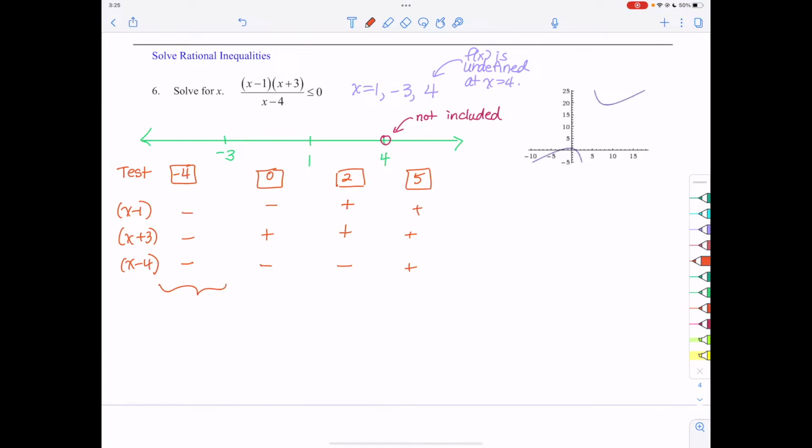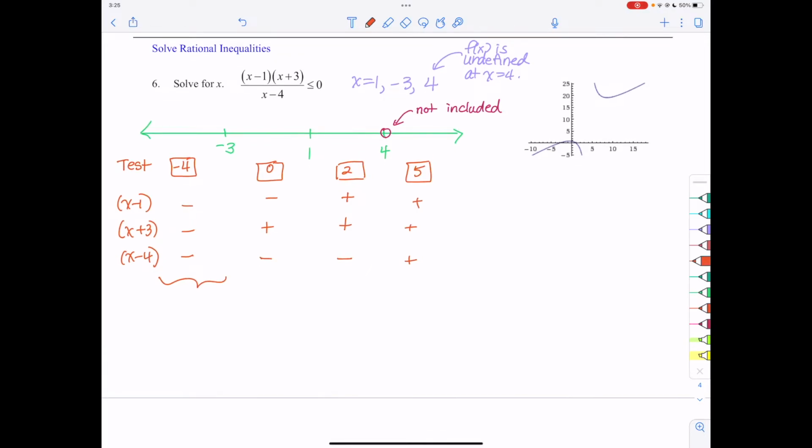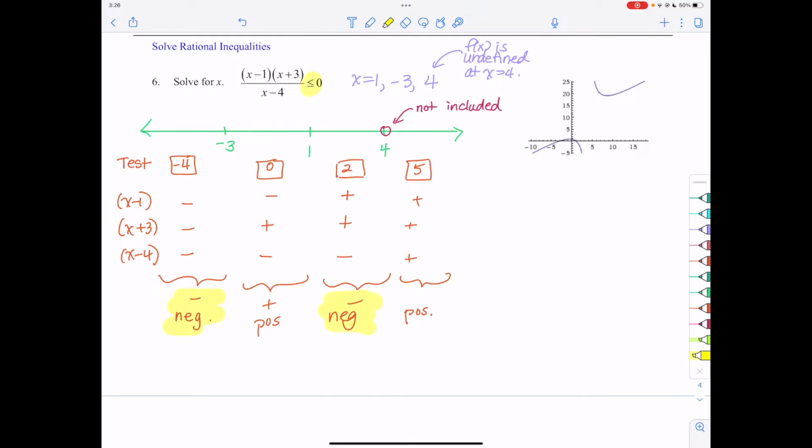So multiplying 3 negatives together, we would have a negative. Here we would have a positive. Here we have a negative, and here we have a positive. Now, we are looking where it's less than or equal to 0. So we are looking for these intervals.